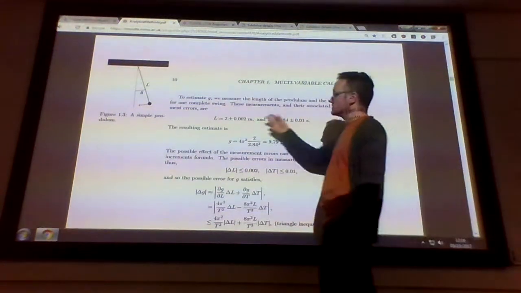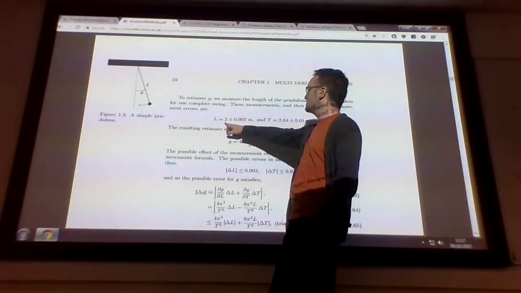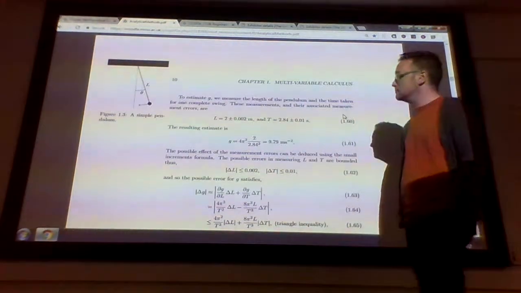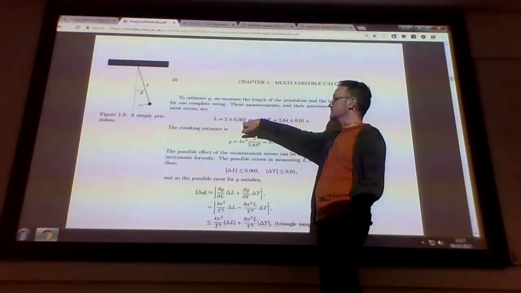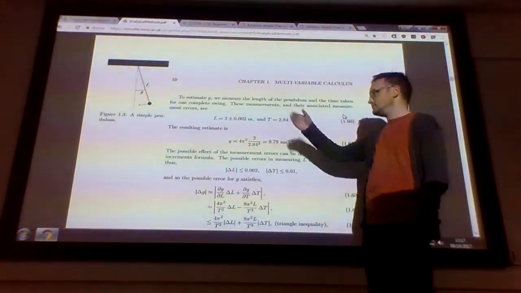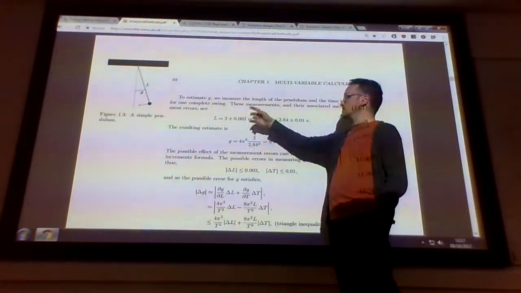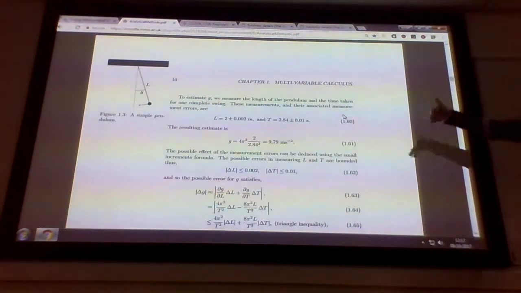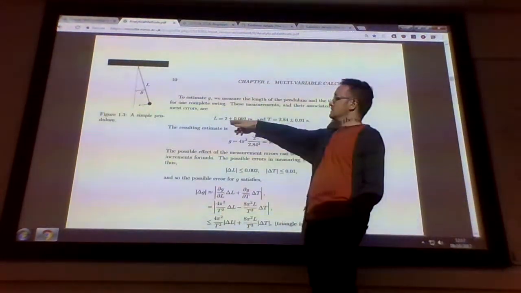So we assume that this length that was measured at 2 meters might be plus or minus 2 millimeters, 0.002 of a meter. So we accept it could be anything from 2 millimeters less than 2 meters to 2 millimeters more.